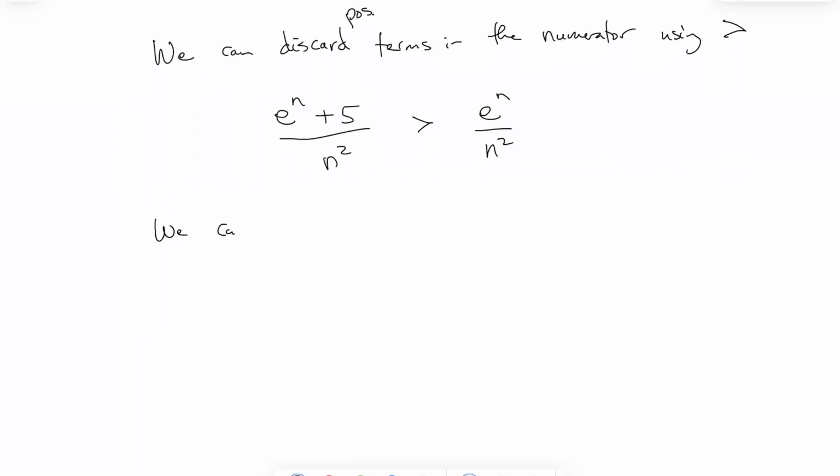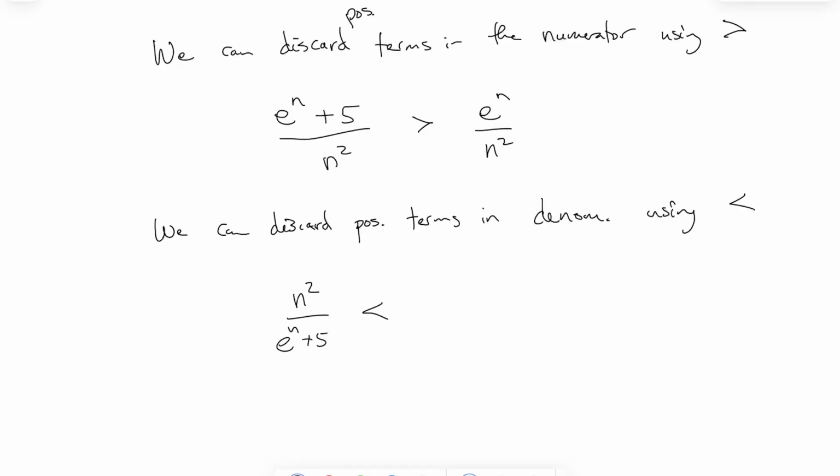So we can discard positive terms in the denominator using the other way. This would look like, I'll just write the same thing but upside down: n squared over e to the n plus 5 is less than n squared over e to the n.